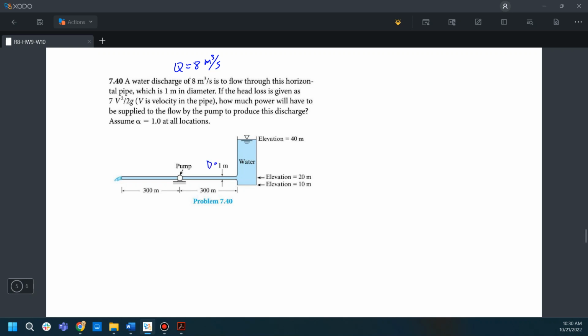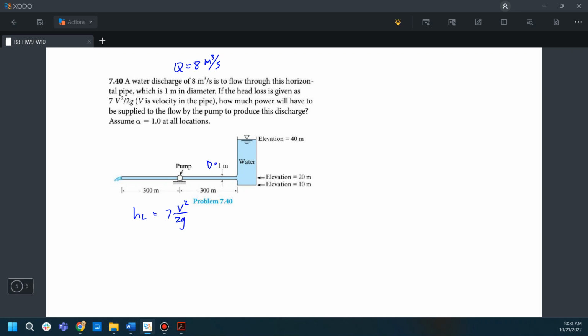If the head loss is given as 7 times the kinetic term, how much power will have to be supplied to the flow by the pump to produce this discharge? Again, we assume that the correction factor alpha is equal to 1 at all locations.